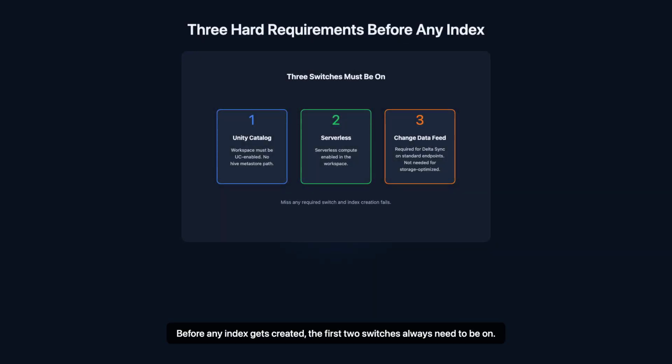Before any index gets created, the first 2 switches always need to be on. First, Unity Catalog. The workspace has to be UC enabled, there's no Hive Metastore path here. Second, Serverless compute needs to be turned on in the workspace. The third switch is conditional.